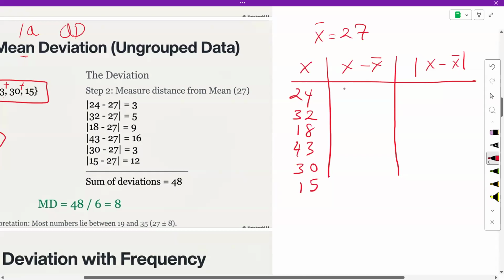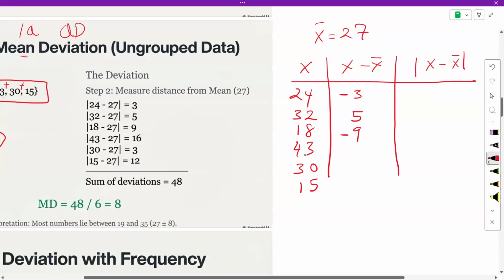Then 24 minus 27, what's the value? 3. And 32 minus 27 equals 5. 18 minus 27, 9, but here it's negative.